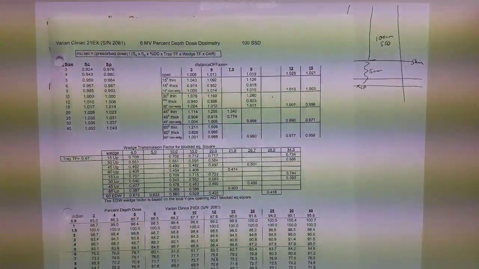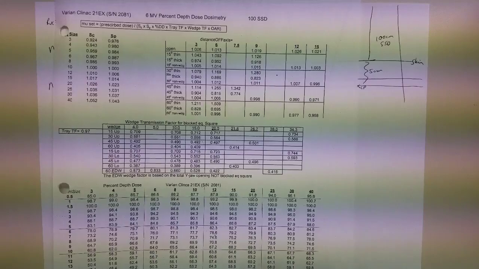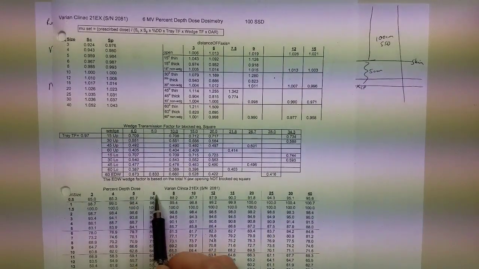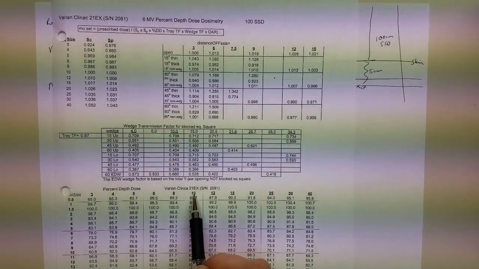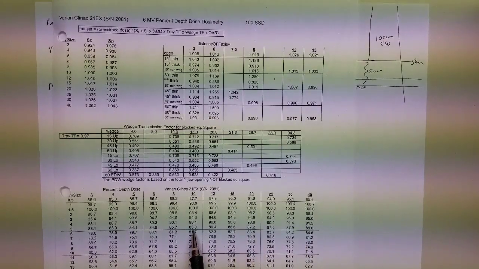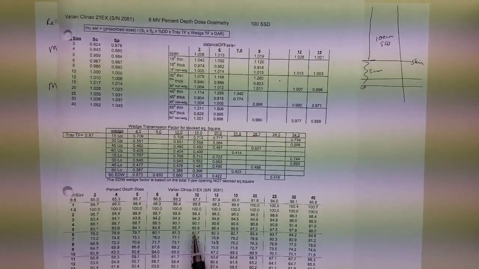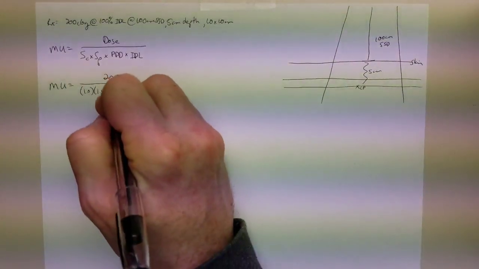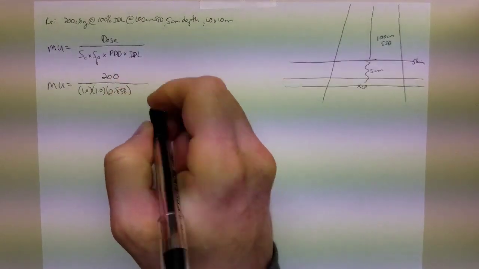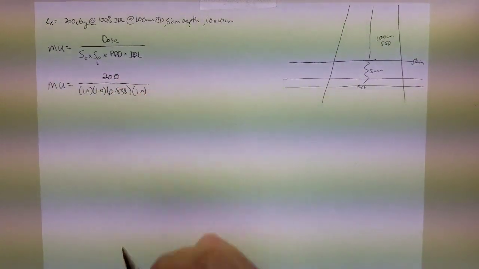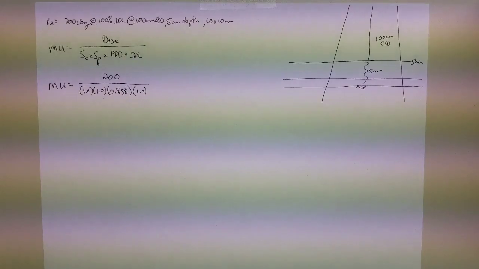My depth component, the percent depth dose: at the bottom I go across the top and look at equivalent square field size 10, and then I go down to 5 centimeter depth, 85.8. My isodose line that I'm normalized to is 100, so my normalization factor is 1.0.